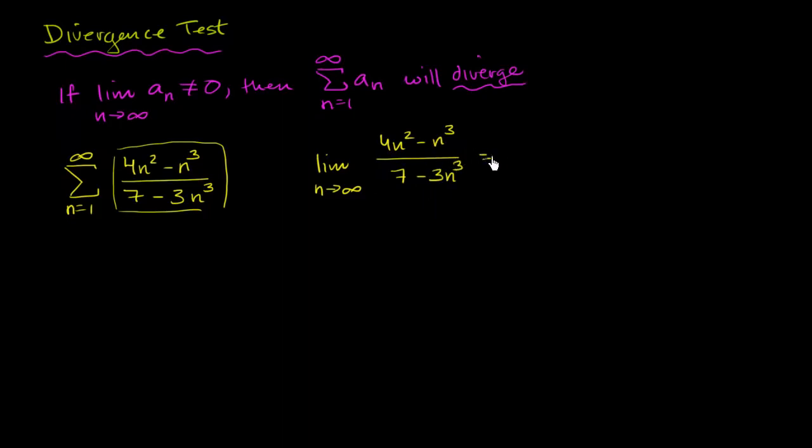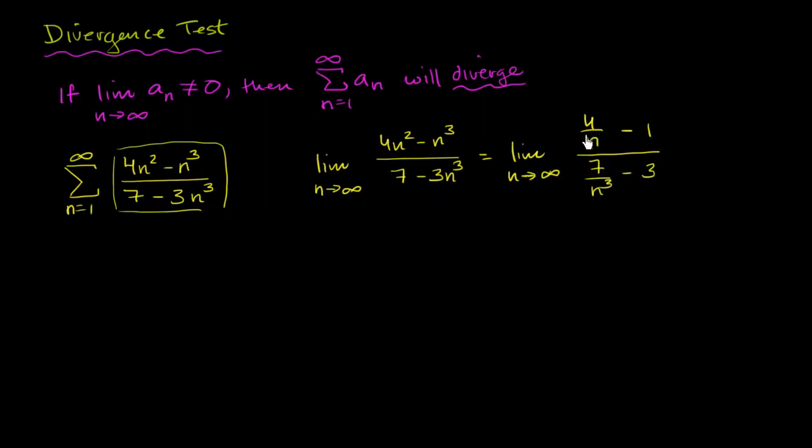Or we could do it a little bit more systematically. For the limit as n approaches infinity, we can divide both the numerator and the denominator by n to the third. So if we divide the numerator by n to the third, this first term is going to be 4 over n, minus 1, over 7 over n to the third minus 3. And here it becomes clear.